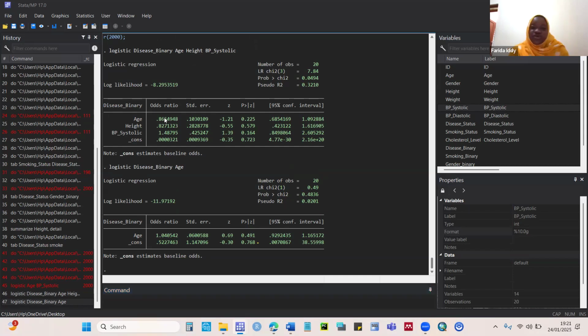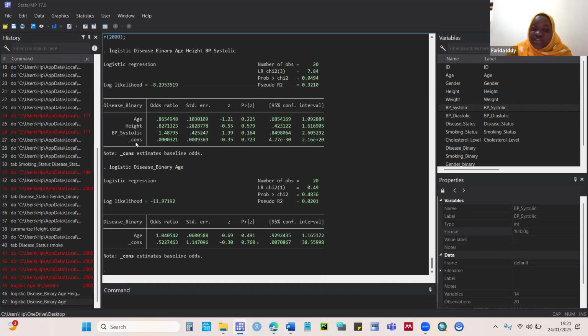As a unit increases, it decreases the age. This is just because of the presence of other factors. I'm not sure if you learned about confounders. Have you learned about them? Do you know what confounders are? You know it? Okay. So maybe there is a variable here which is a confounder.